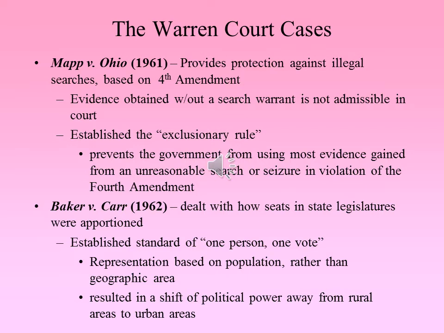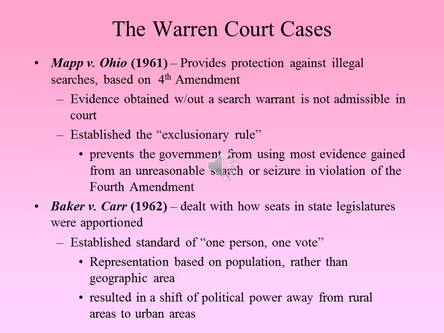All right, moving on to Baker versus Carr. This one wasn't so much dealing with suspects, but it was dealing with providing more representation for people. So in state legislatures, the seats were often apportioned based on geographic area as opposed to the amount of population. So this particular case is going to establish one person, one vote.